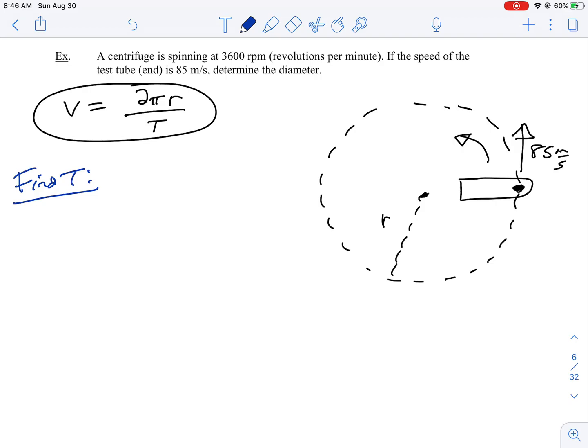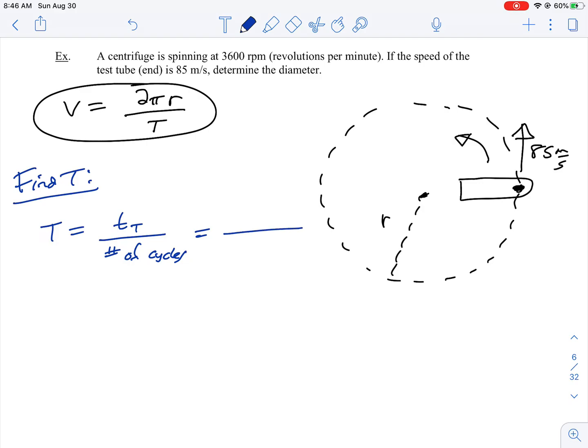And we're going to use a formula that's actually on your formula sheet on the top right of your formula sheet. It is this: T is equal to the total time over the number of cycles, if you wish, or laps, whatever it might be, revolutions. So this is on your formula sheet. And this is very useful here, because the total time, this is 3,600 revolutions every minute.